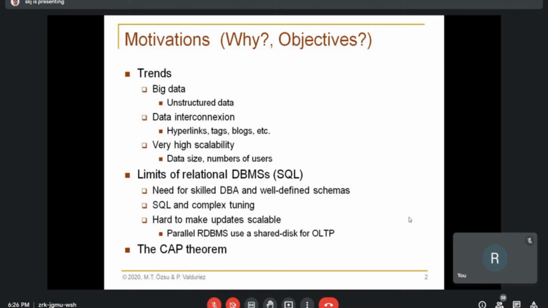So huge data, variety of data, and many applications. How should this new data be managed? Earlier we had the established technology, the relational database management system, and it had a language interface, that was SQL.